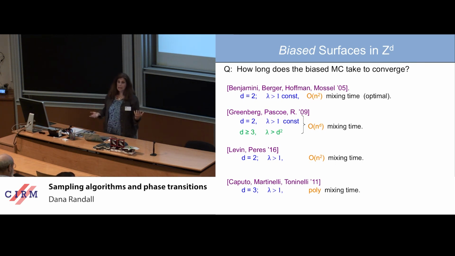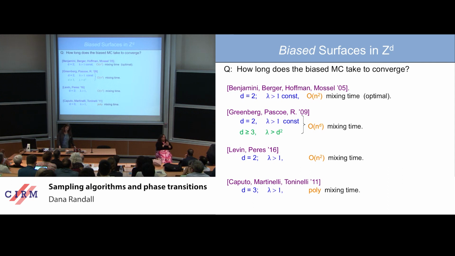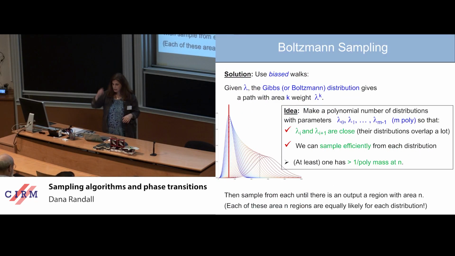So it could scale with n, and they show that the chain is optimally mixing, again, even when lambda is quite small. And finally, Caputo, Martinelli, and Toninelli looked at this problem in 3 dimensions. They looked at the lozenge tiling picture and looked at biases there and showed that you, again, have rapid mixing. So that's the series of results. And the Levin-Peres result is what we need in order to complete this.